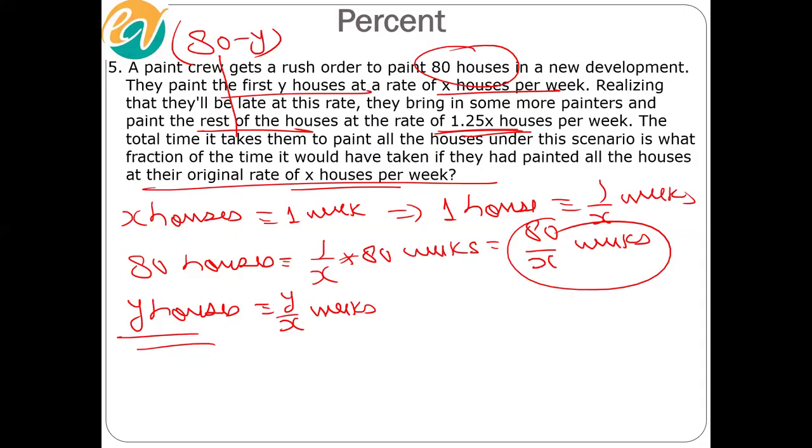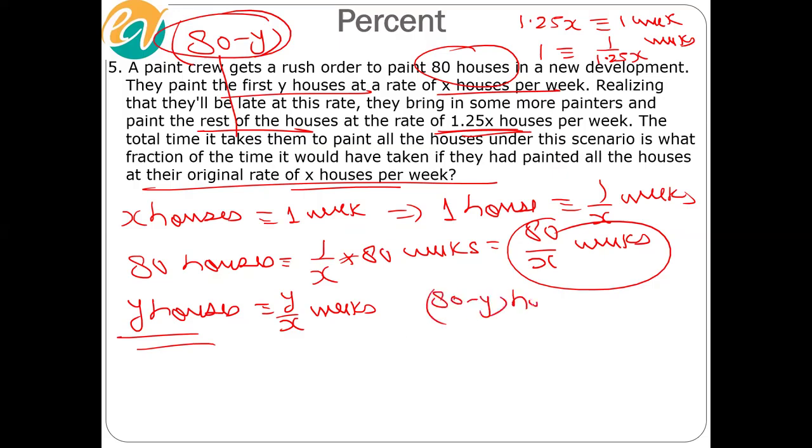So again, we can do it by unitary method. 1.25x houses in 1 week, one house in 1 upon 1.25x weeks. And so 80 minus Y houses in 80 minus Y upon 1.25x weeks.